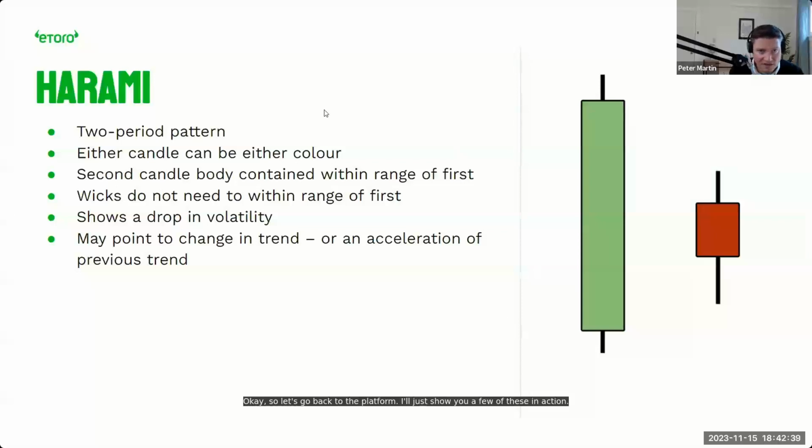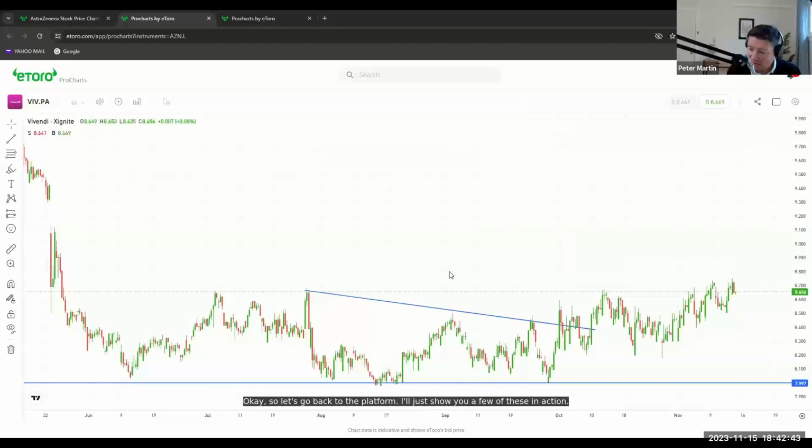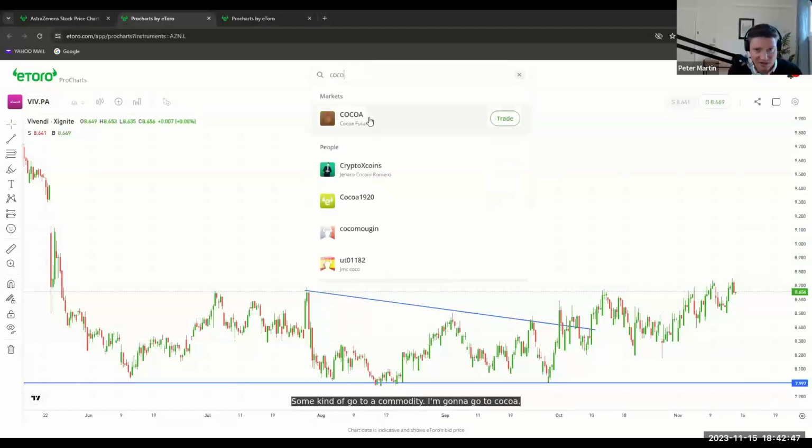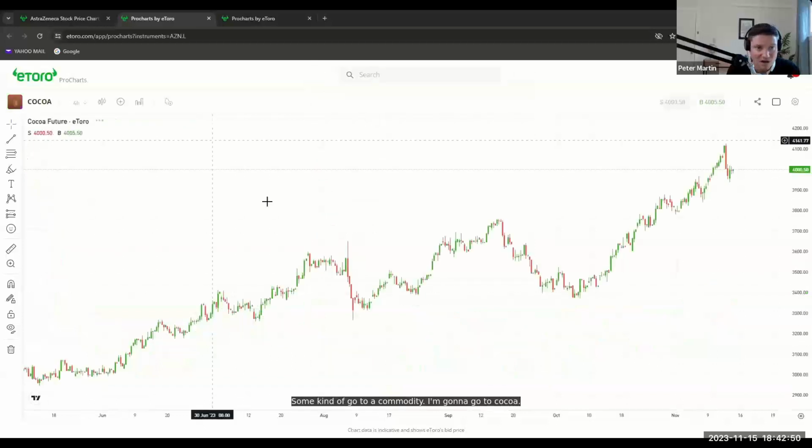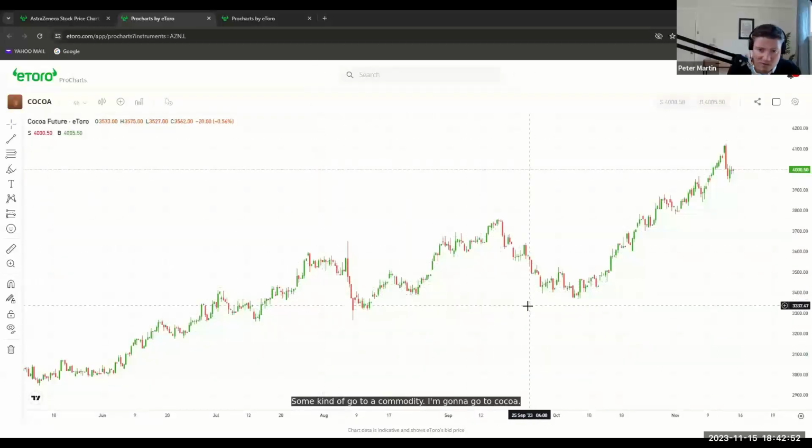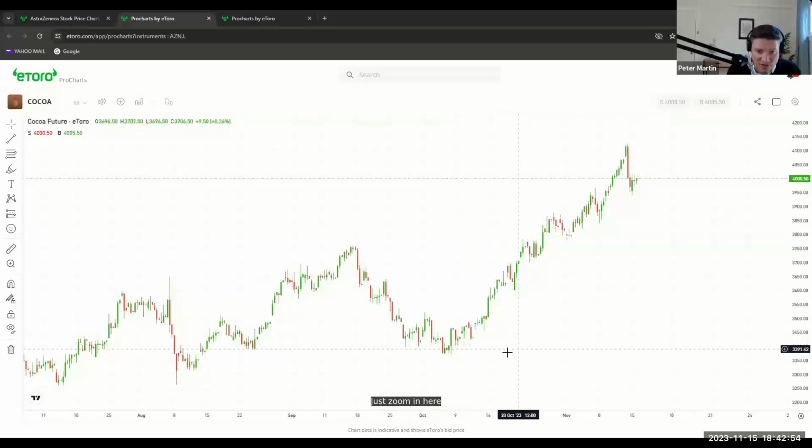Okay, so let's go back to the platform. I'll just show you a few of these in action. I'm going to go to a commodity, cocoa. I'll just zoom in here.